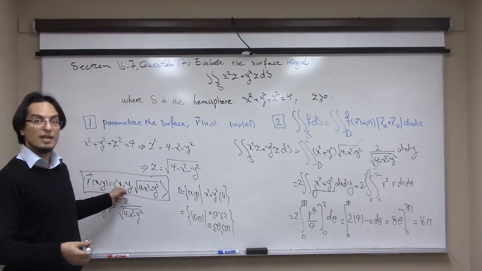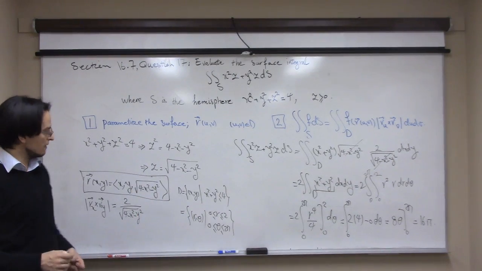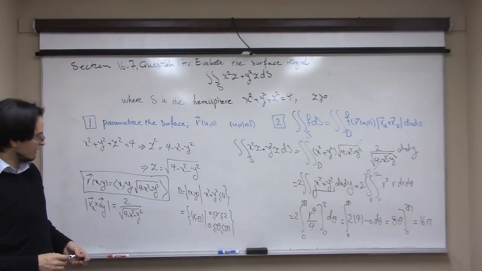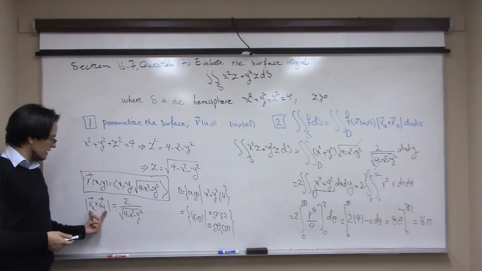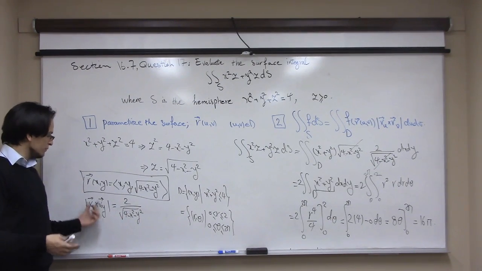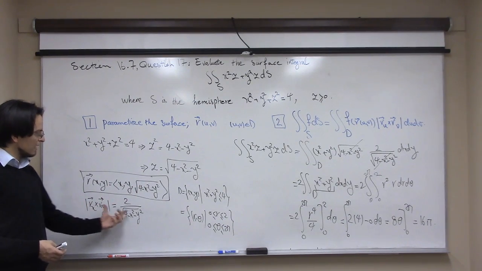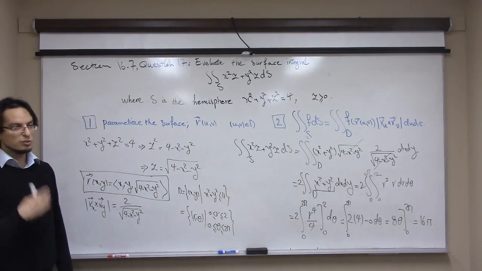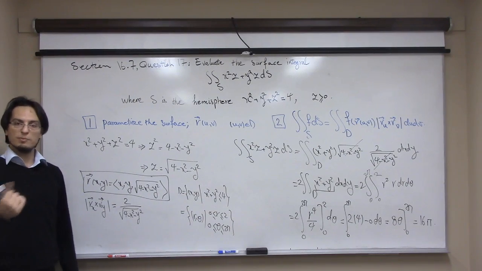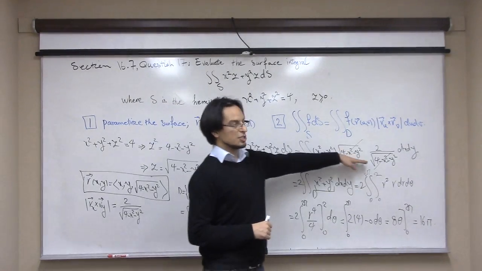For x, you plug in x, for y, plug in y, and for z, you plug in the function itself. And in that specific case, it is given, so you can check your book, or you can compute Rx cross Ry with this specific parameterization. The length is given by the square root of fx squared plus fy squared plus 1. And we computed that. And then we applied all the changes.